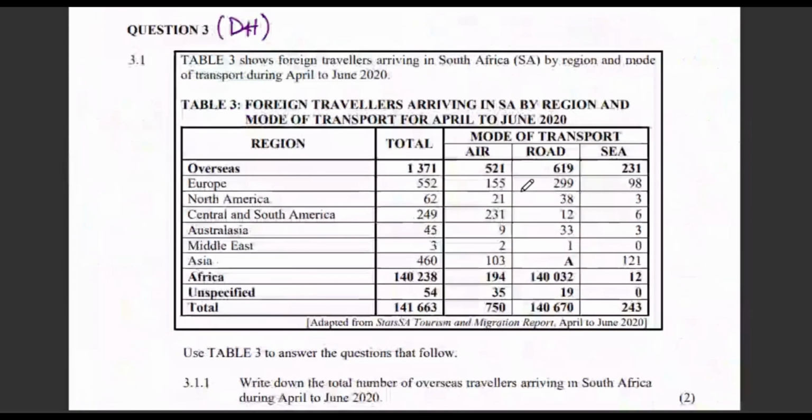We look at question number three. Table three shows foreign travelers arriving in South Africa by region and mode of transport during April to June 2020. So here we go.